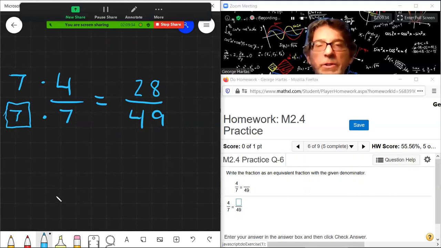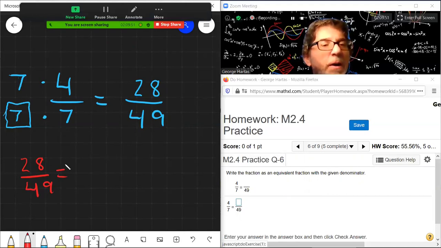All right? And let's go backwards real quick. We won't do this for the other problem. Let's start with 28 over 49. Let's go backwards just for fun, since we like fractions. 28 is the same as 7 times 4. Okay?